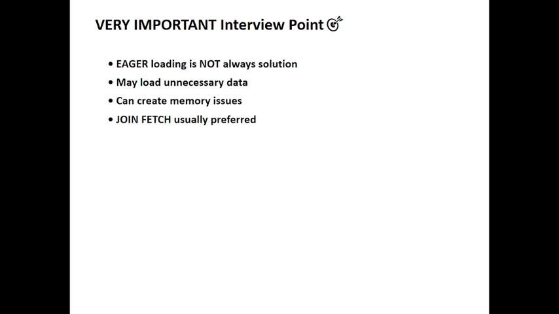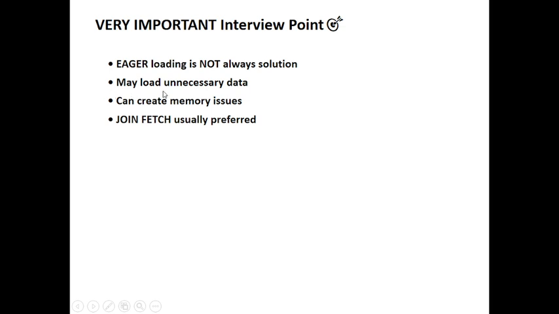We cannot load all of those eagerly when we load the product itself, because it will take a lot of time and make the API slow. That's why we do lazy loading, and after that, if required, you fetch the details that are needed.